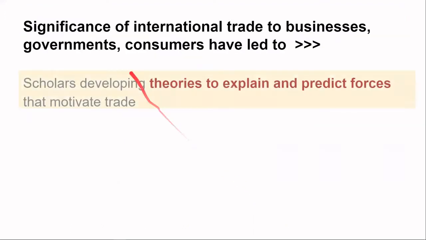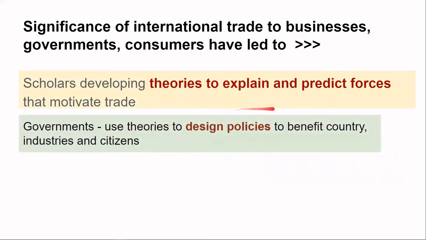The significance of international trade has led scholars and academics to develop theories to explain and predict the forces that motivate trade. We want to have an idea what the theories are, because when we have theories that predict these forces, the government can use them to design policies that benefit the country, either protectionism or free trade.